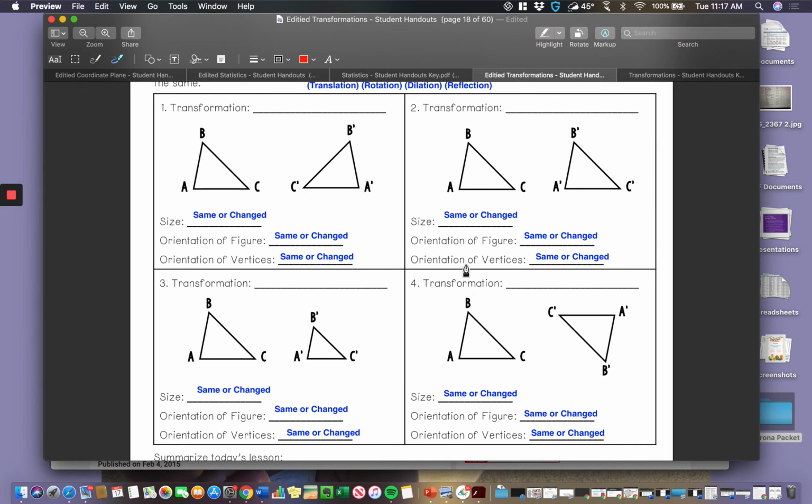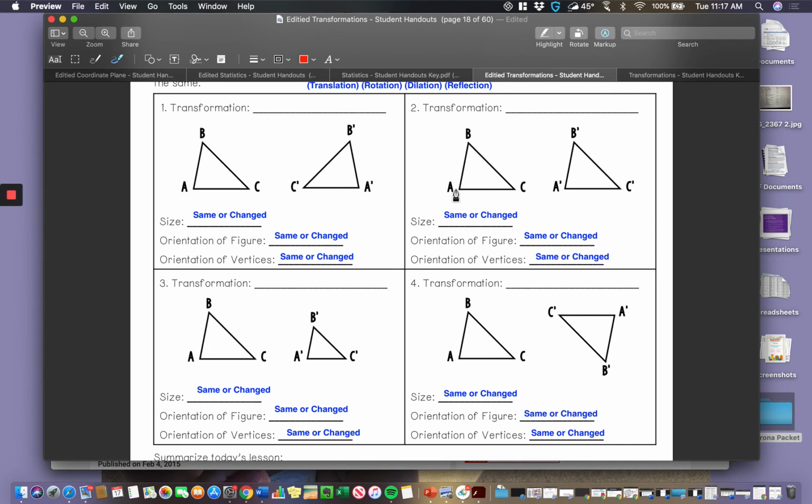Then when it says orientation of the vertices, all right, vertices are your little corners right here. All right, these are your vertices. So if your vertices stayed the same or if they changed, so it's the position of the vertices. So here's a good example.